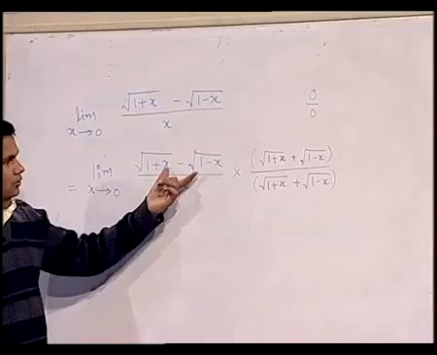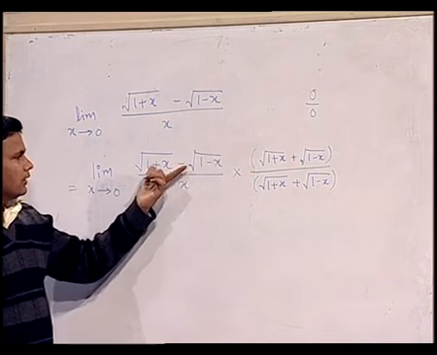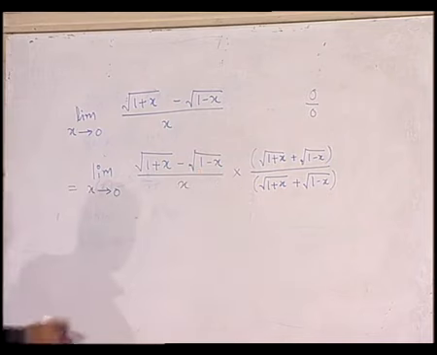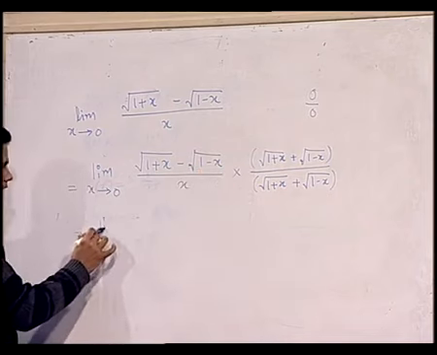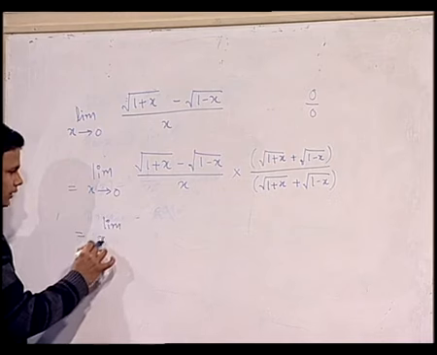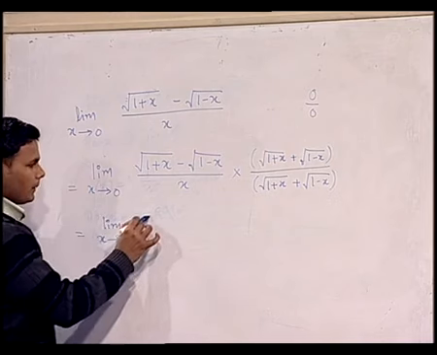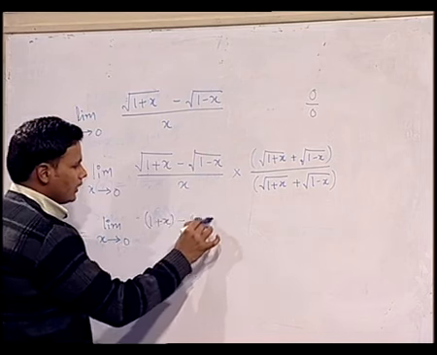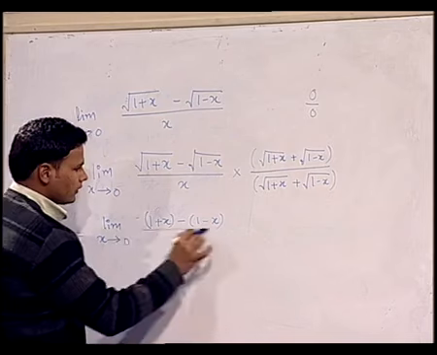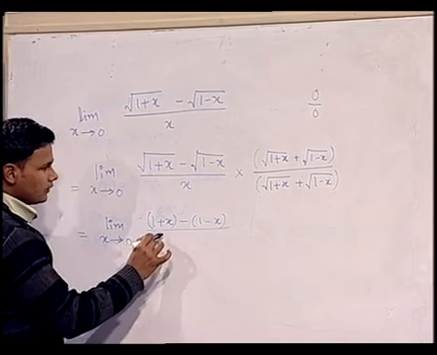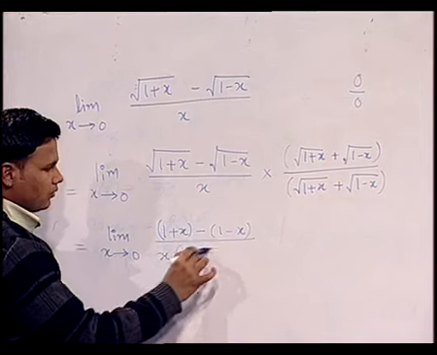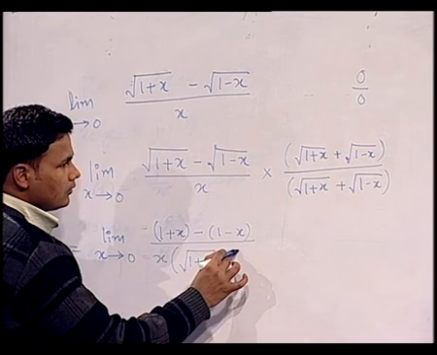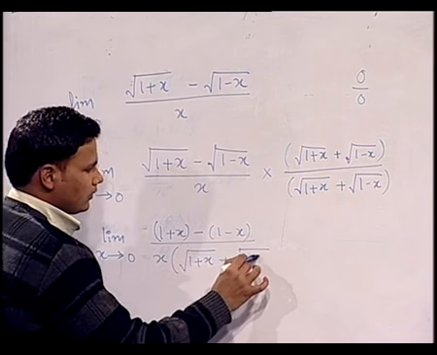So see the numerator, this is in the form (a minus b) into (a plus b). So we can apply that formula and we get here limit x tends to 0, (1 plus x minus 1 minus x) upon x times (square root 1 plus x plus square root 1 minus x).